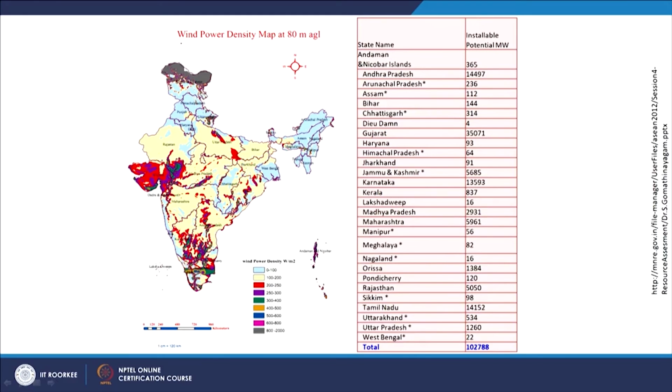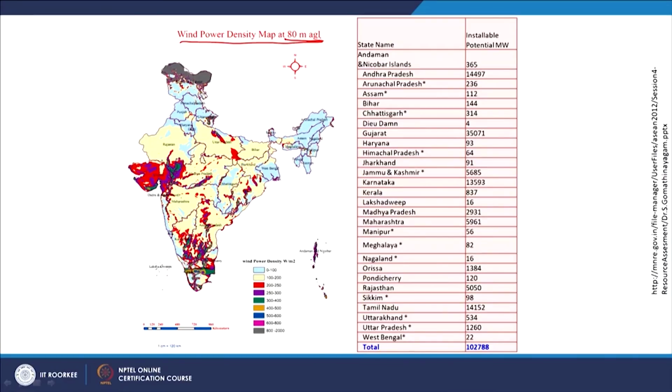Similarly, this is the wind power density map at 80 meters above ground level, because wind turbines are generally installed above the ground. At ground level the wind energy may be different, whereas at 80 meters it may be different.